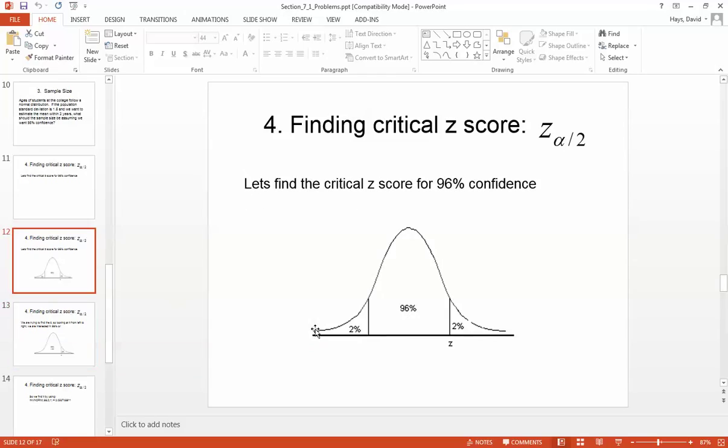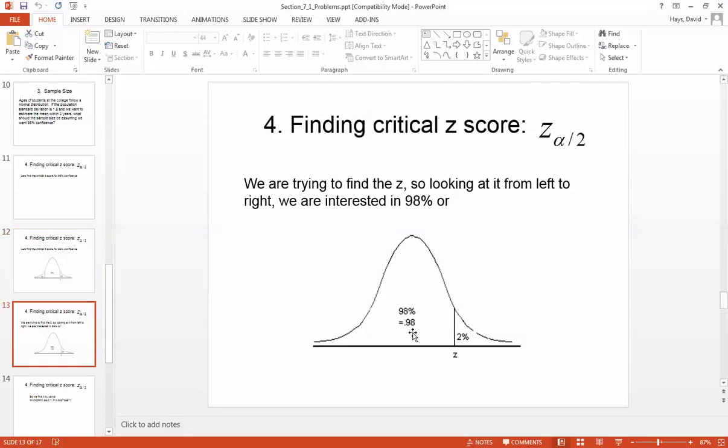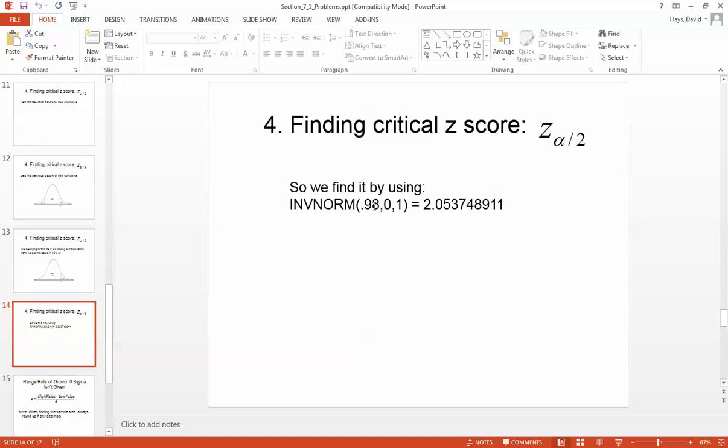Why is it 98%? Because I'm adding the 2% plus the 96%, the area to the left. And notice I put it in decimal form, so it'd be 0.98. So then on a calculator, you see I say INV norm and 0.98 comma 0 comma 1. You don't have to put the 0 and 1. It defaults to that if you leave it off. Anyway, that gives you another example.